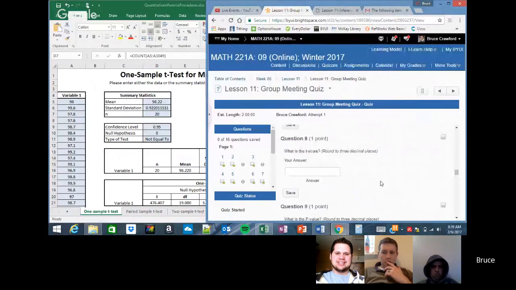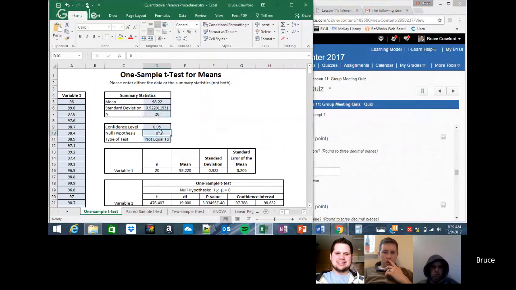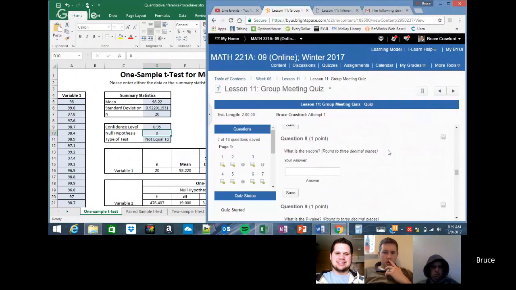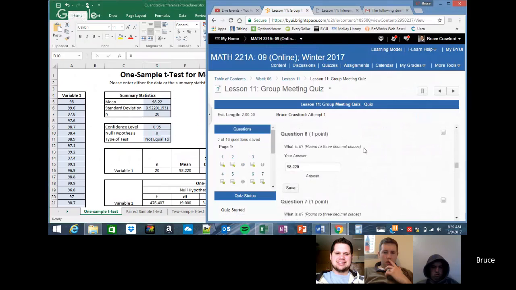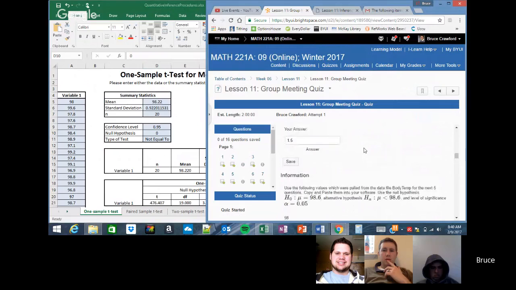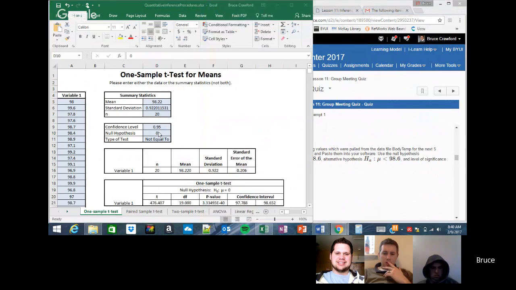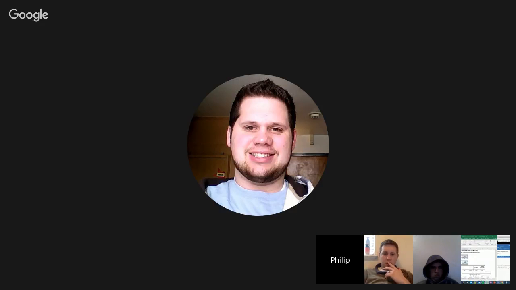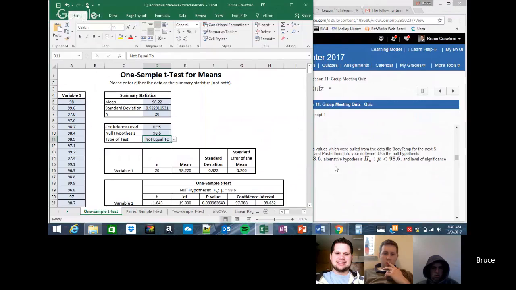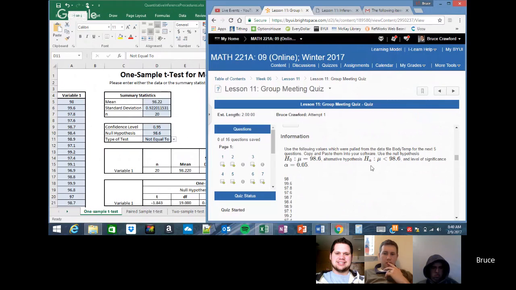What is the t-score? Well, what's our null hypothesis? 98.6 is the null. And it didn't mention what our confidence level is, did it?